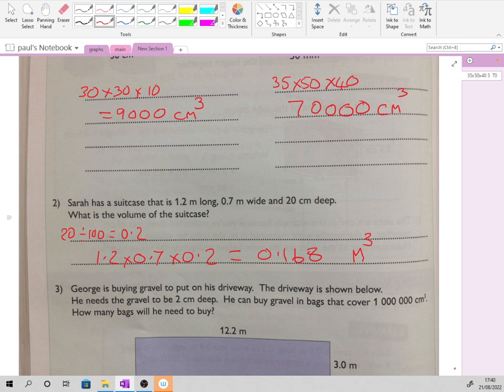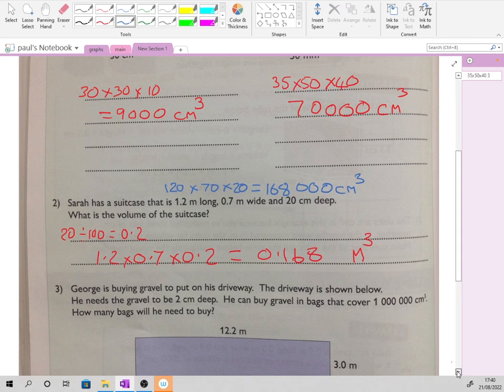Now, if I did change them the other way around and make them all centimeters, multiplying these numbers by 100, I'd get 120 times 70 times 20, which equals, no surprises, the same 168, and this time I've got 3 zeros on the end to make it centimeters cubed.